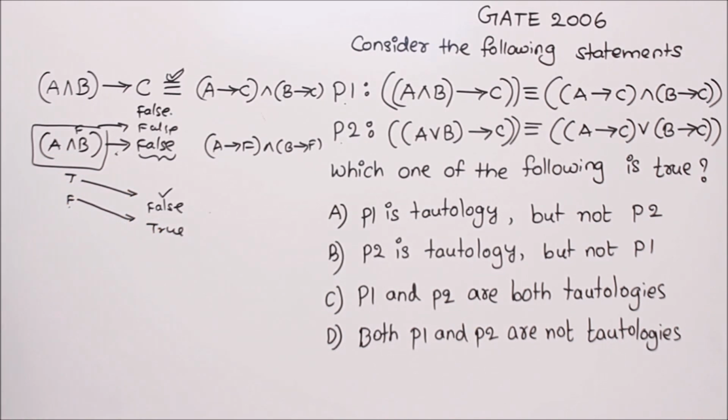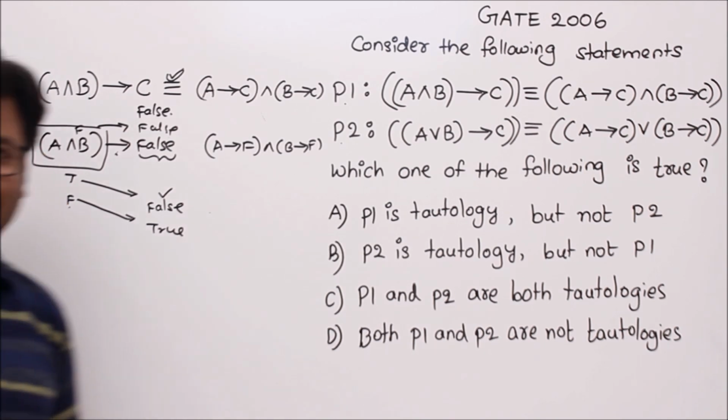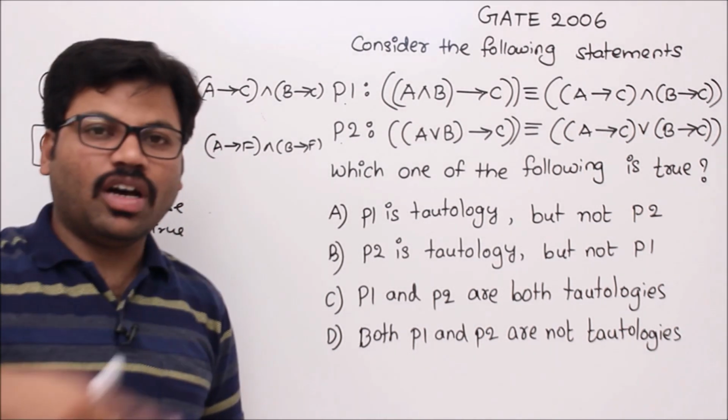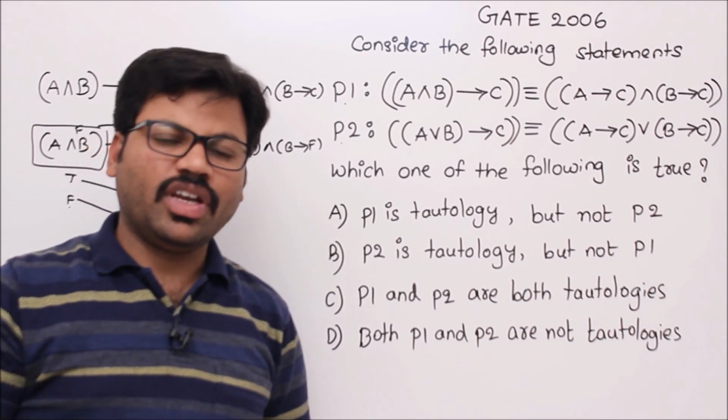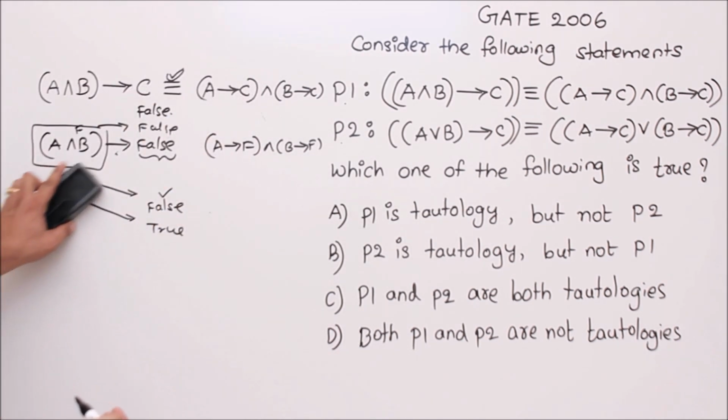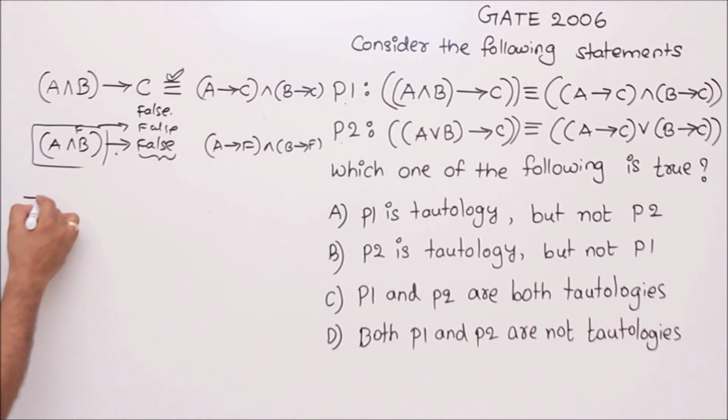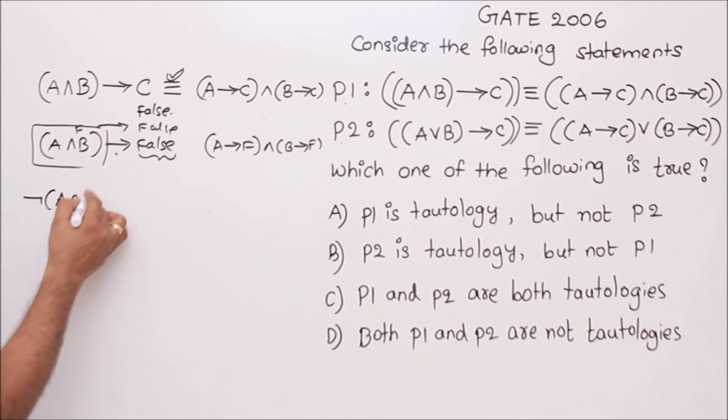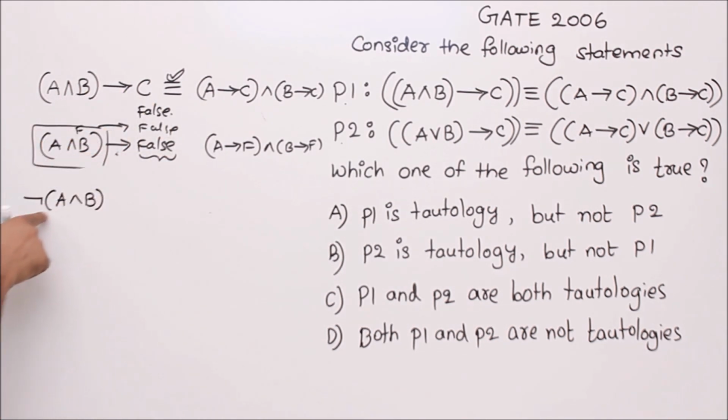Is it not exactly opposite to A and B? That means your formula is exactly opposite to A and B. So that's how I convey it in the expression negation of A and B. Finally, your answer, this entire expression will be negation of A and B. It is not exactly A and B, it's opposite to A and B.